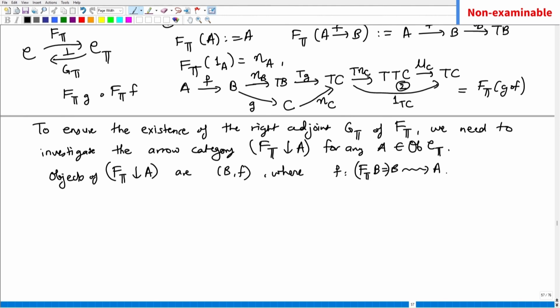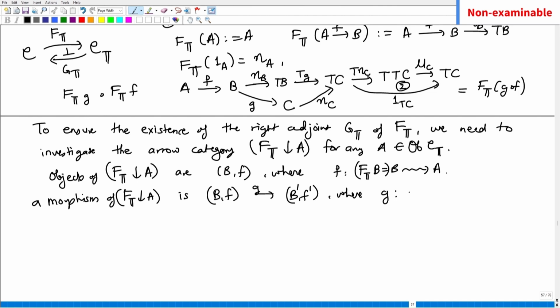Okay. And a morphism in this category is, okay, from (B, F) to (B prime, F prime), and this is just some G, where G is a morphism from B to B prime in C. It's not a zigzag morphism.